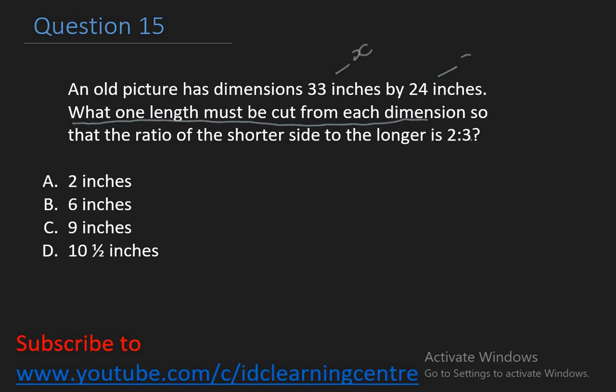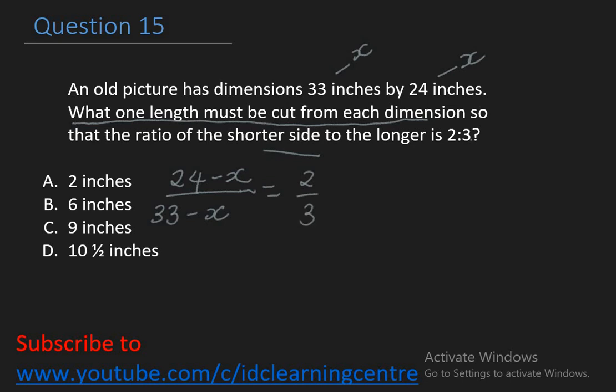I know a lot of people like working with X. Seeing the ratio they want us to express is shorter to longer. The shorter is 24 inches minus X, which is the length cut from 24. So it will be 24 minus X is the new length over 33 minus X is the new longer length, equal to the ratio, which is 2:3.